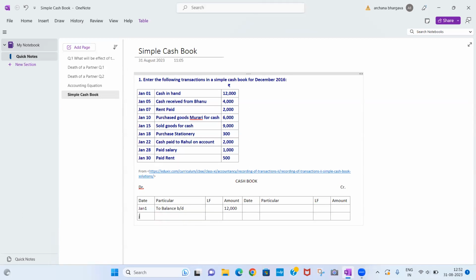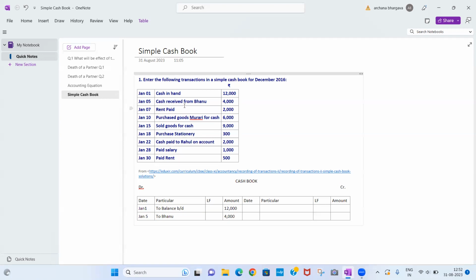I'm taking separate rows for the separate transactions; you can also continue without making separate rows. The journal entry will be cash account debited to Bhanu's account. So in this journal entry, the cash is debited, so we will record it on the debit side of the cash book, to Bhanu. And how much cash is received? 4,000 cash is received.